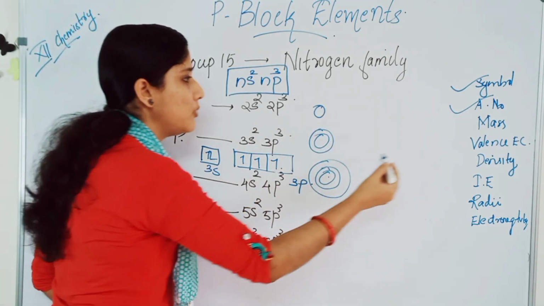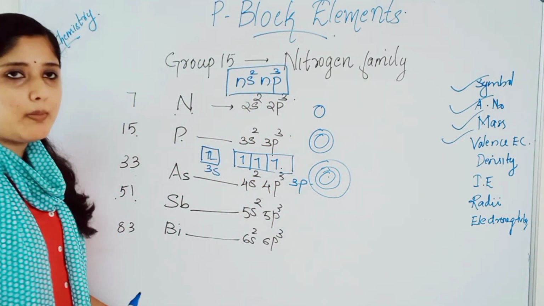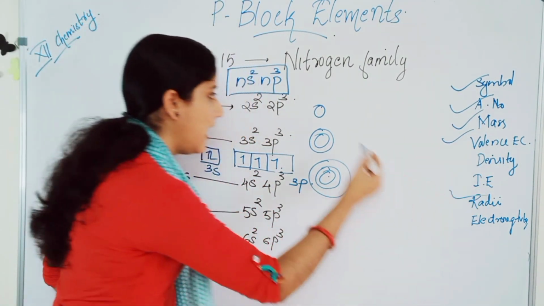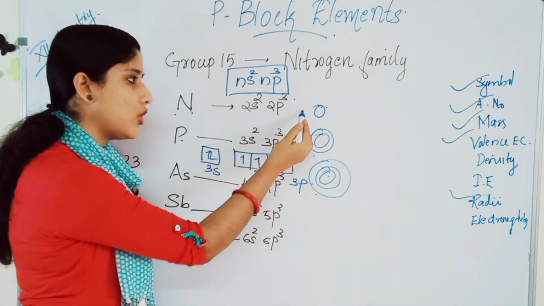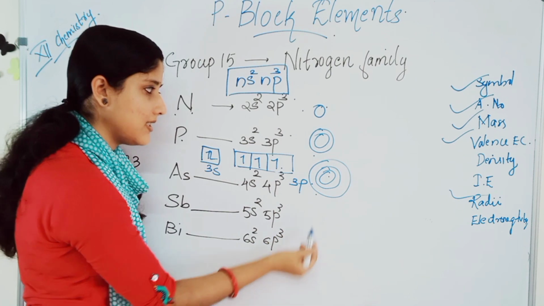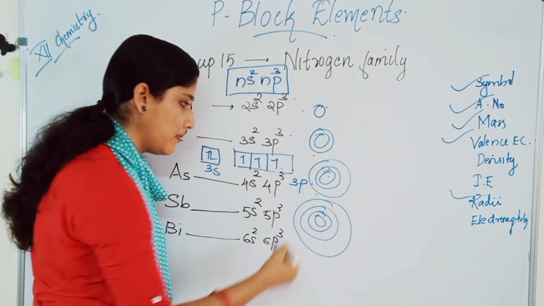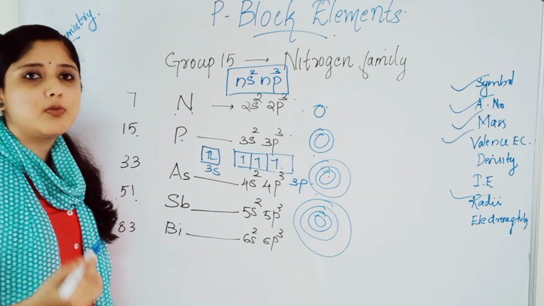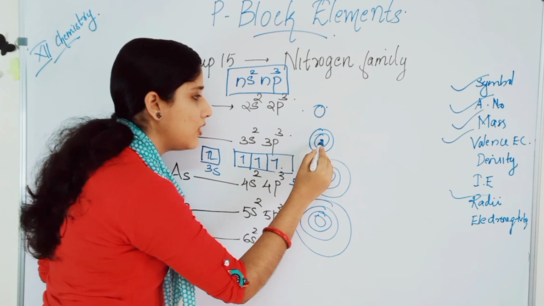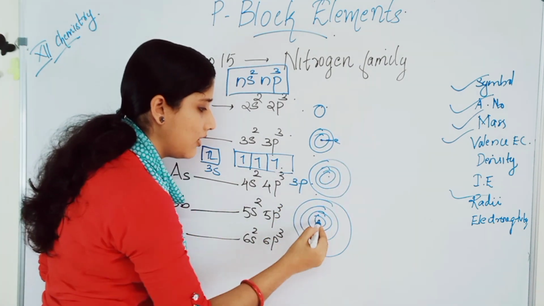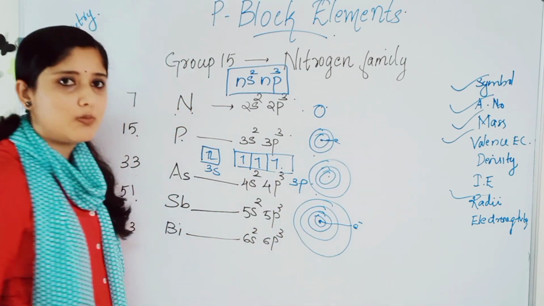From top to bottom, as the number of shells increases, atomic radii increases. Atomic radii is the distance from the center to the outermost electron, and it increases.